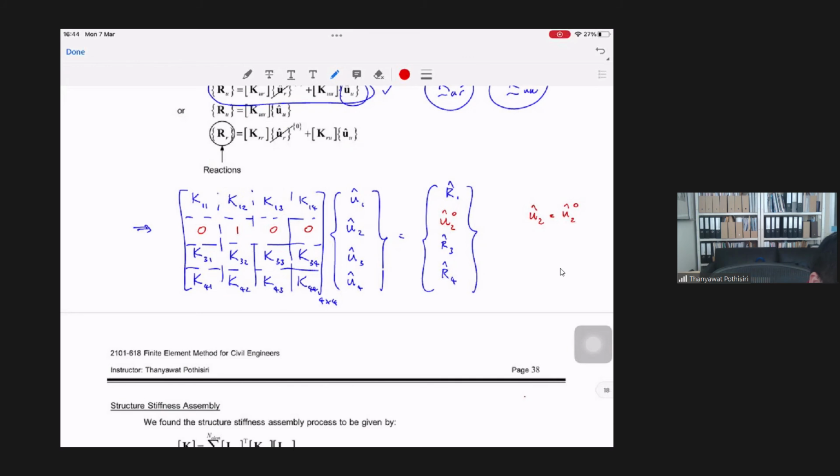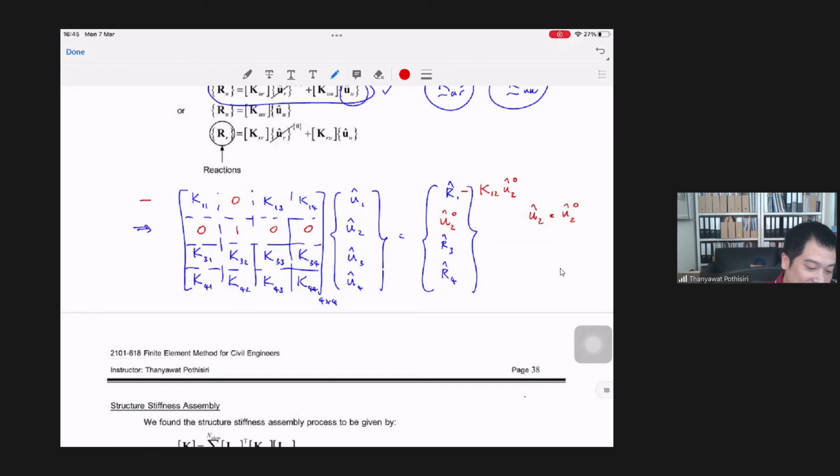So you can also modify this, for example. I can modify this term and put this term on the right hand side, because I have a known value of u hat 2. So I can modify the first equation to read like this.